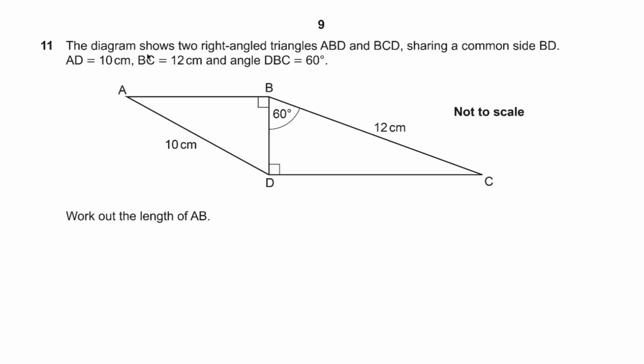Question number 11. The diagram shows two right-angled triangles ABD and BCD sharing a common side BD. AD is 10 centimeters, BC is 12 centimeters, and the angle DBC is 60 degrees. We have to work out the length of AB.